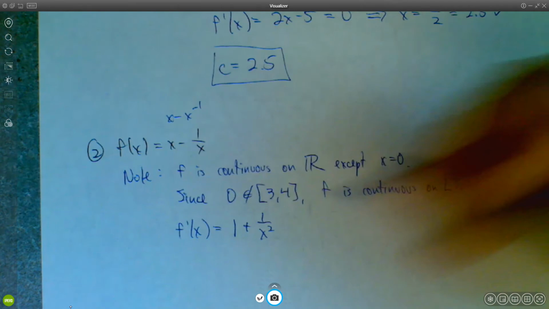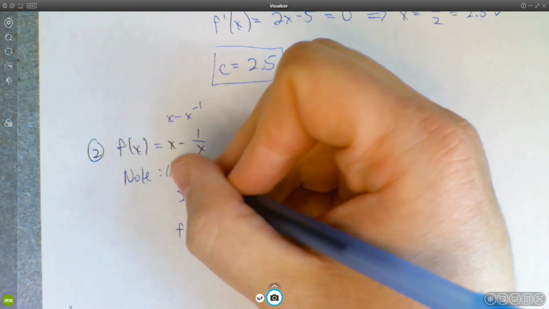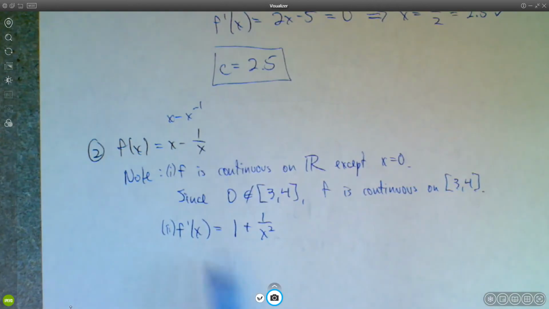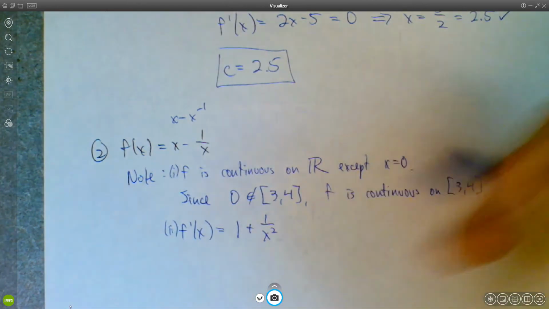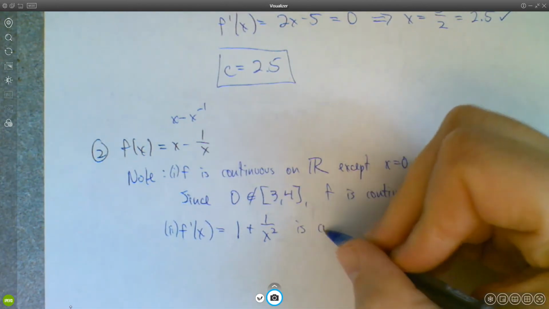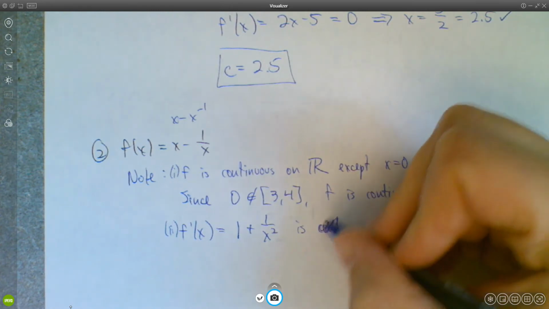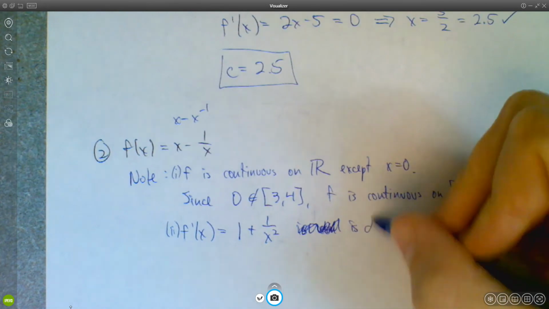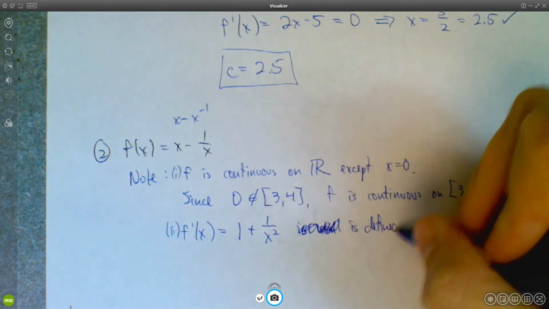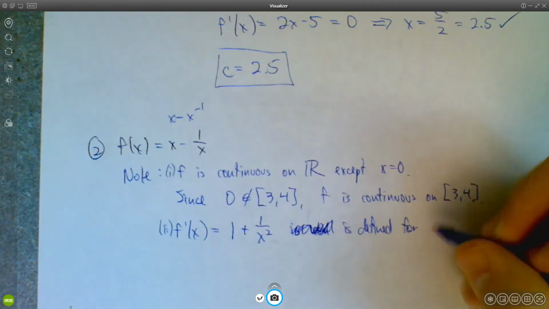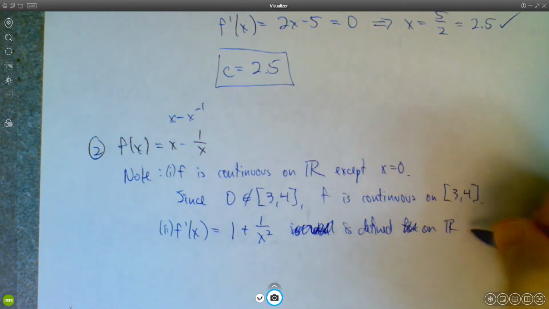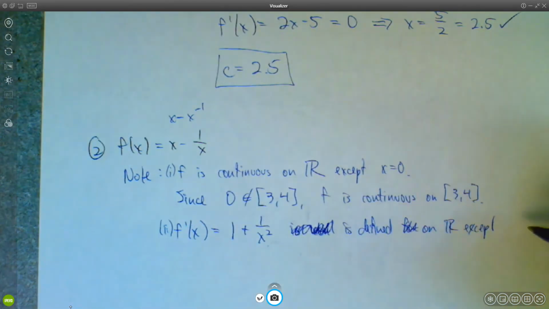Okay, so this was, by the way, for the first condition. For the second condition now, we can say this. f prime of x, we'll just say, is defined on R, except, once again, at 0, right?